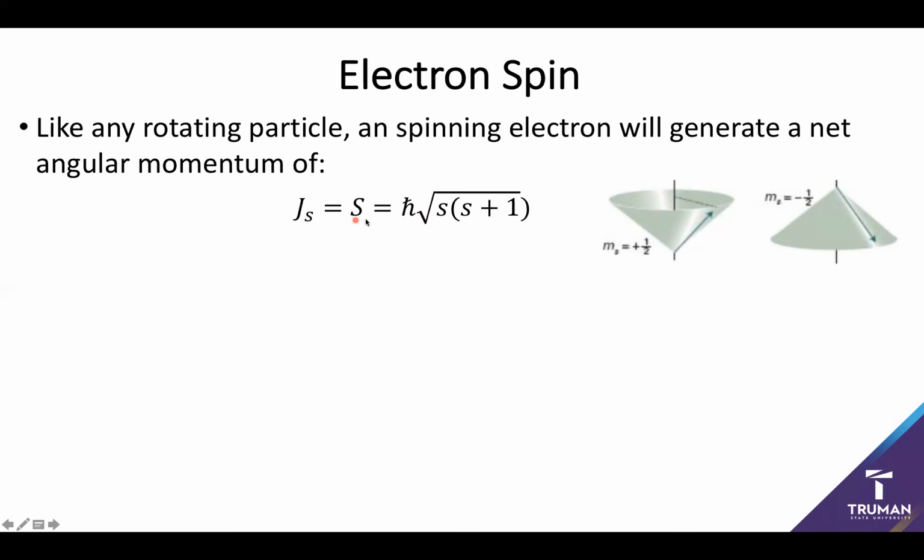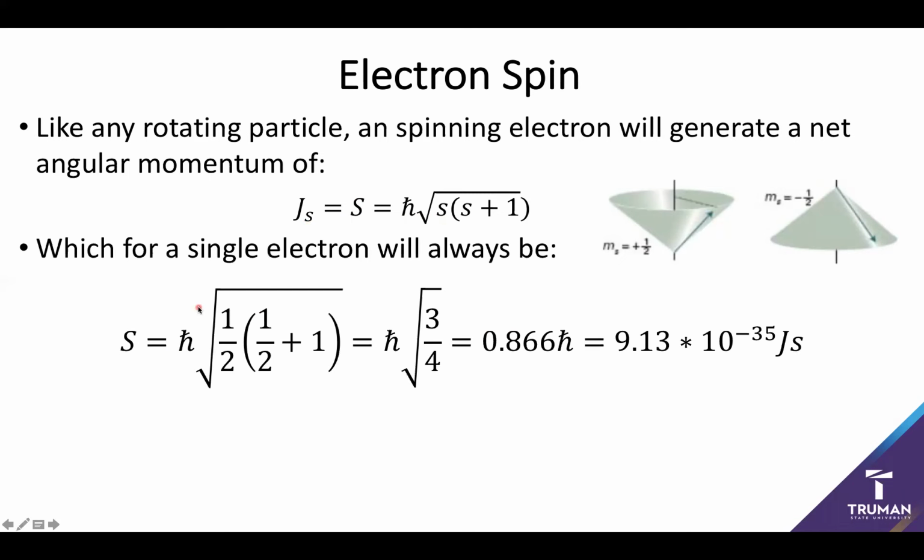So the uppercase S is going to be our spin angular momentum. So total spin angular momentum, classic angular momentum units, joules per second. The lowercase s is again our quantum number, which, as we said, is always 1/2. It's always got a half order spin.